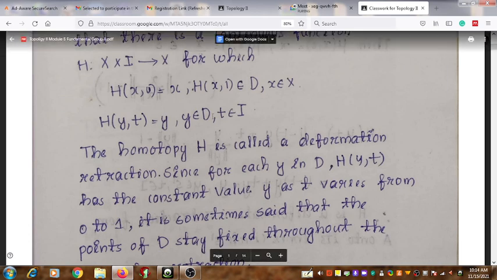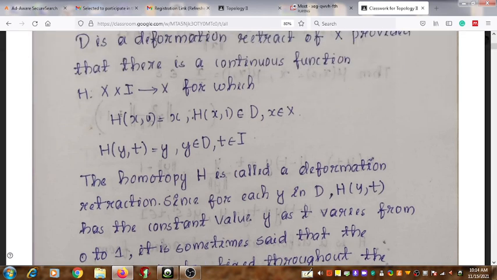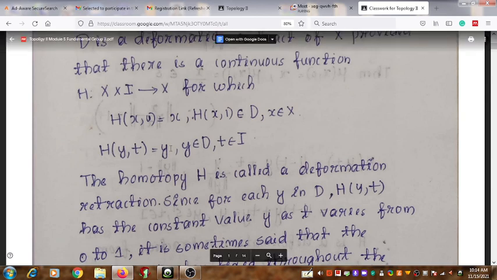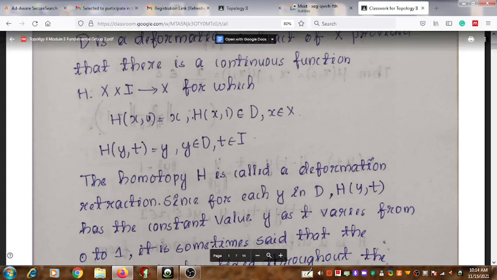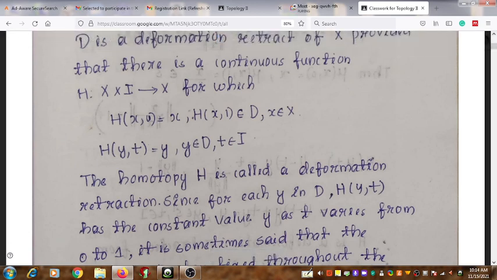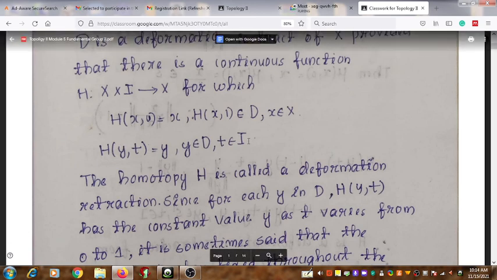That means the mapping H keeps all the points in the subspace D unchanged.